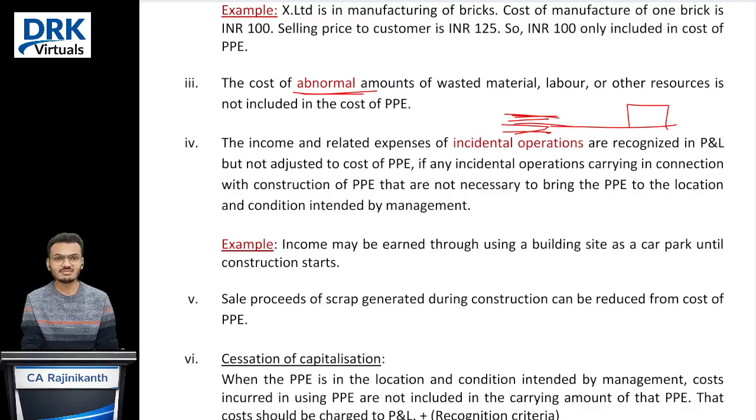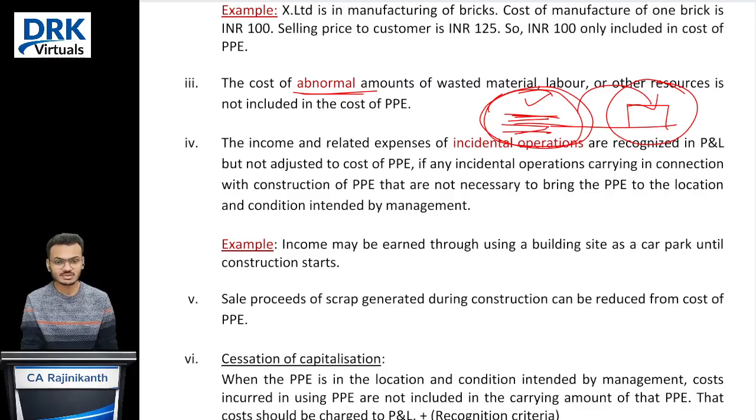So from that parking unit, we are getting parking charges as our income. And we deployed a security personnel to protect the vehicles. For that security personnel, we are paying the salary. That is our expense. So whatever the income, whatever the expense arising from this unit should be recognized in profit and loss account. We should not adjust it to our building cost. That is what the standard is saying. Because these operations are not necessary to bring our building to the intended condition and location.